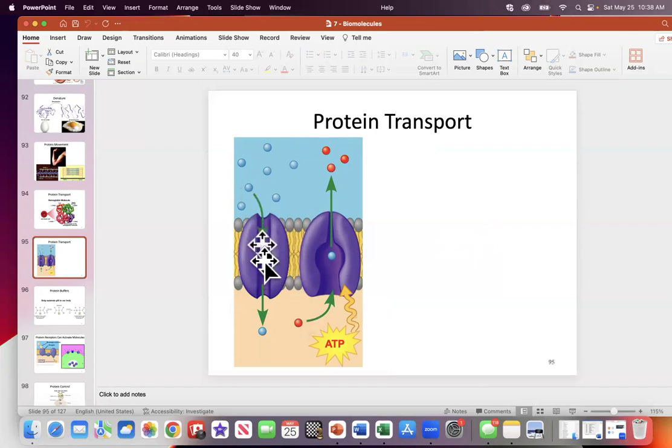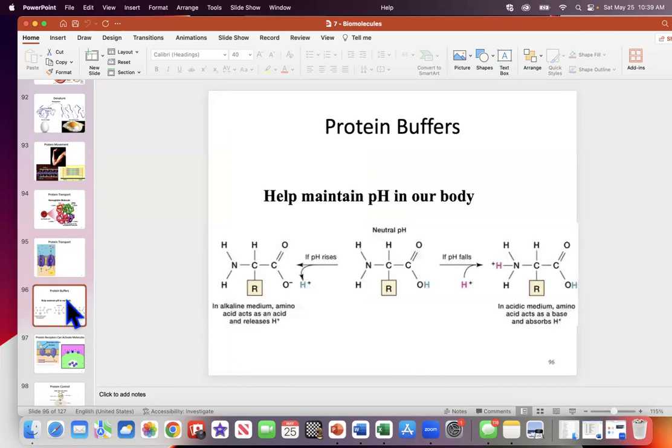And if the cell needs them, they need to use the channel or carrier. We use the transport proteins to make the ions move in or move out. And some of them require ATP. So we'll have a separate lecture to talk about those transporter proteins.